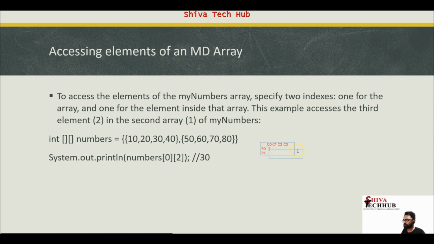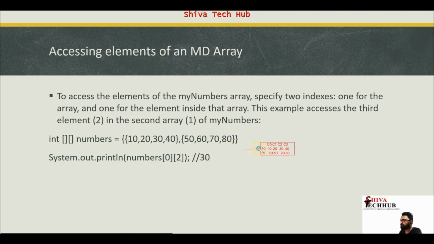So it is 10, 20, 30, 40, right? Similarly, 50, 60, 70, and 80, right? For example, as I said, we want to access the element that is present at 0th row and second column. This row is the 0th row, so let me mark it down.